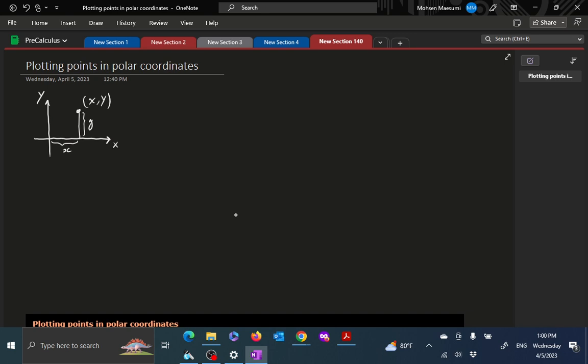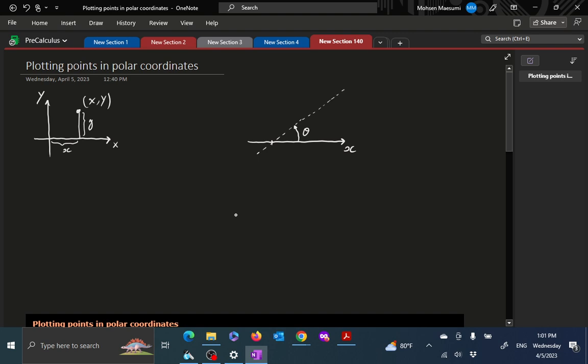We have the following situation. We have a reference line that is typically just your x-axis, so we still have the x-axis, and then we measure a certain angle. Typically we refer to it as theta or some letter like that, and then we take the x-axis and rotate it with this rotation.